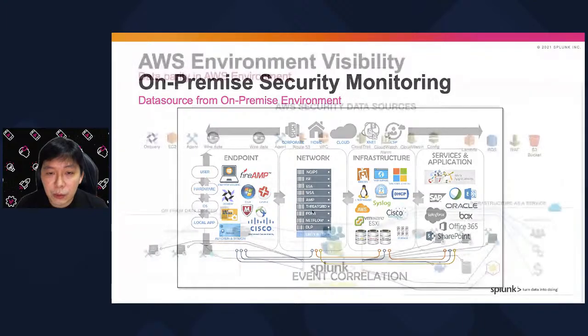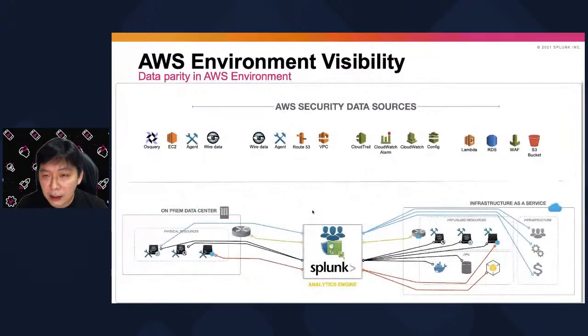But when you start to move into cloud, then it gets a little bit more tricky here. Because when you are now on AWS, there are a lot more things to be looking into. There is, in fact, a wealth of security data that is available. And what I have over here are just a few of the data that customers will be looking at.